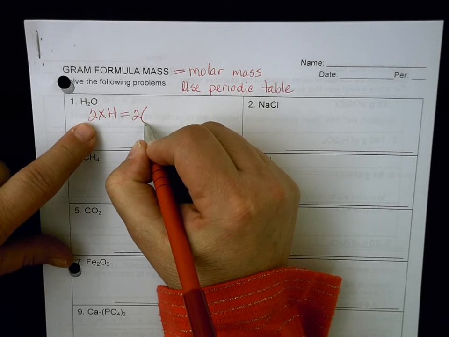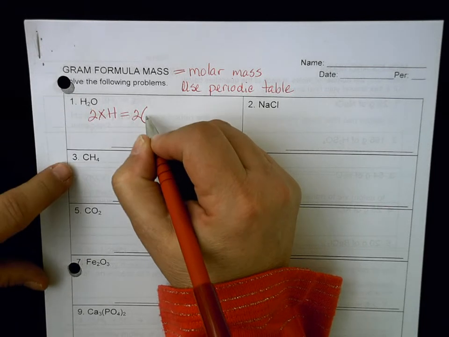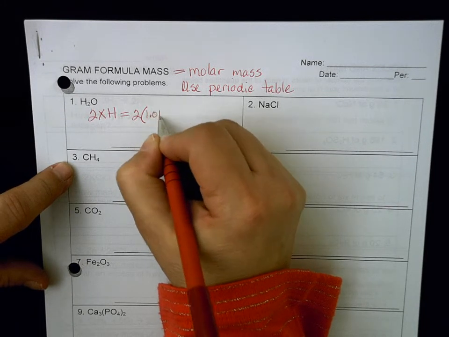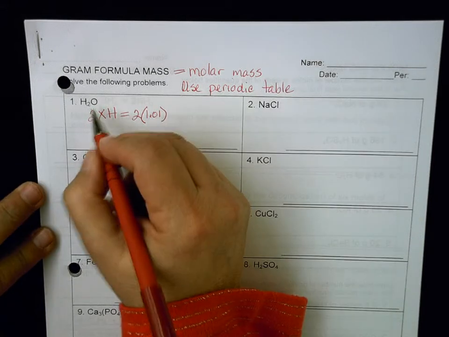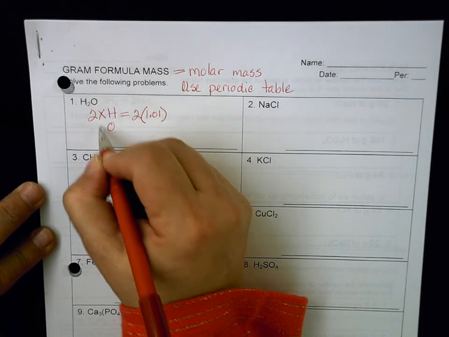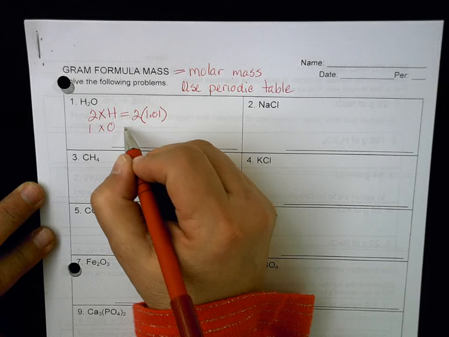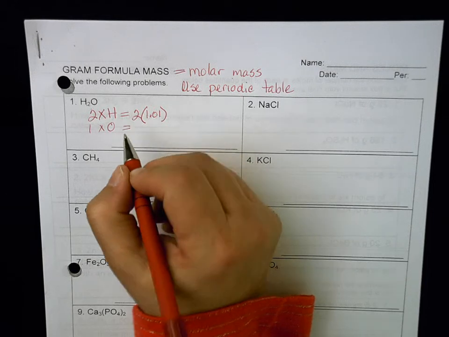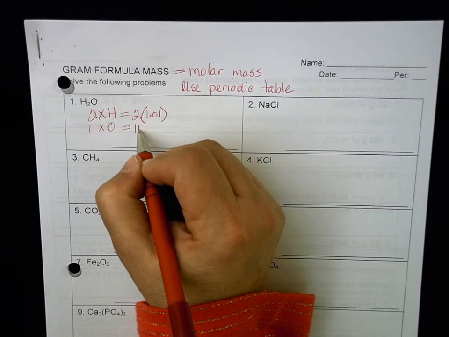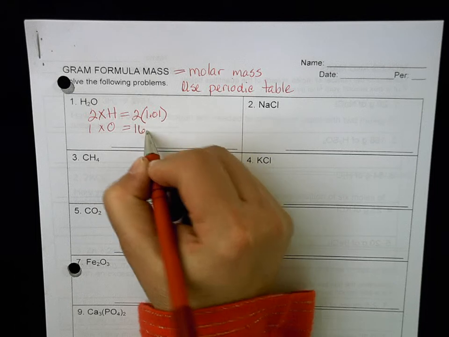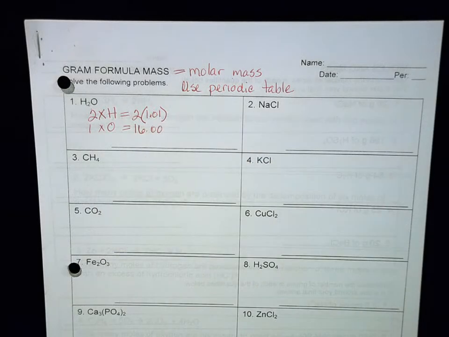However, I have 2 copies of the hydrogen from the formula, so 2 times 1.01. And then I also have oxygen, but I only have 1 of them. So I look up oxygen, and oxygen has a mass of 16. It says 16.00.